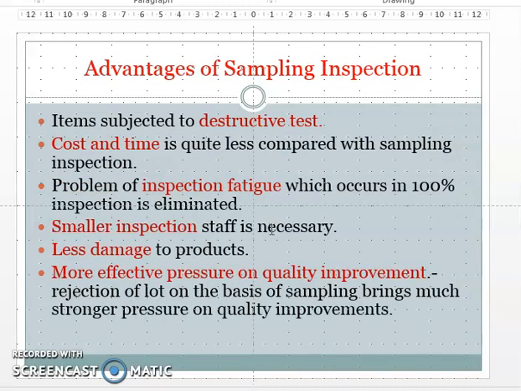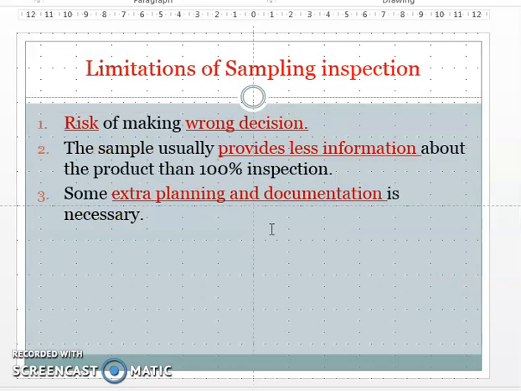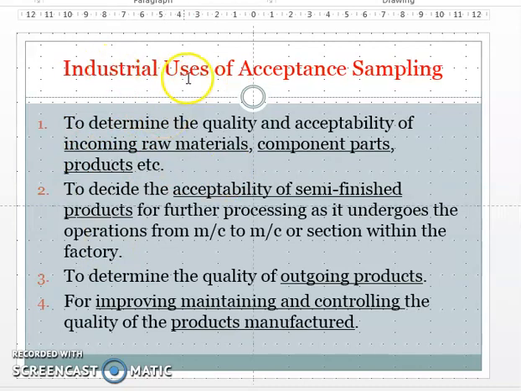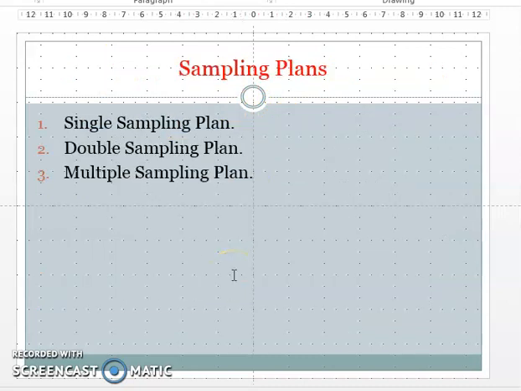After that, we have seen the advantages and limitations of sampling inspection, and how the success of a sampling scheme depends especially on randomness, sample size and quality characteristics. This is asked many times in MCQ questions. You remember all these 5 things, as well as the application of acceptance sampling in industry, where you have to use it, and what the different types of plans are.